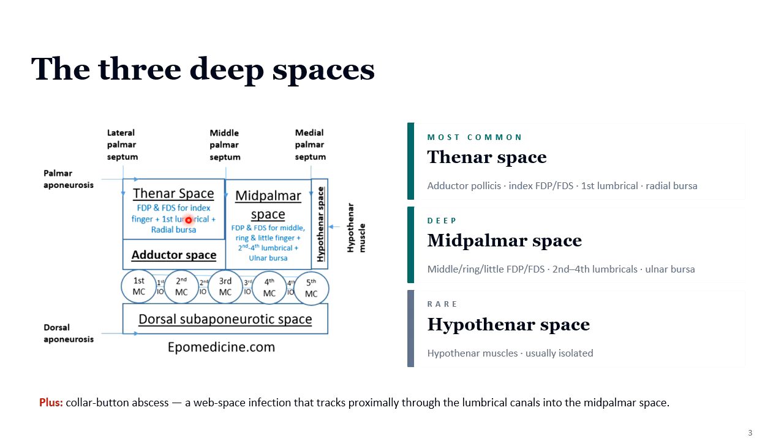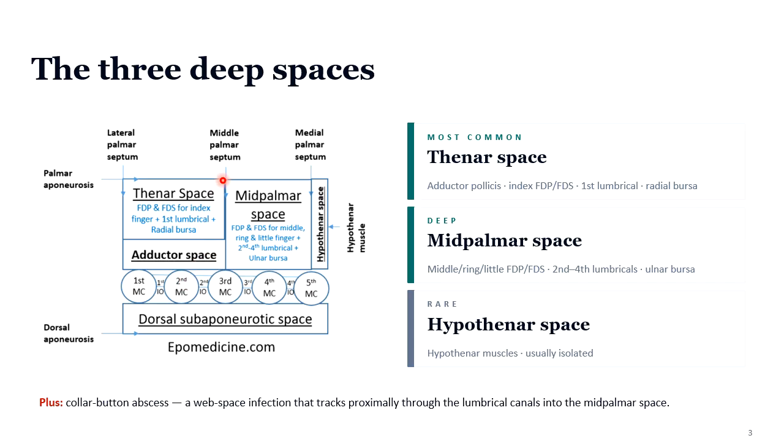The content is the first lumbrical. I would say this space is again deep to the radial bursa. Immediately dorsal to this space is the adductor pollicis, which we saw in the previous diagram, and below that would be the first and second metacarpals along with the fascia over the interossei.